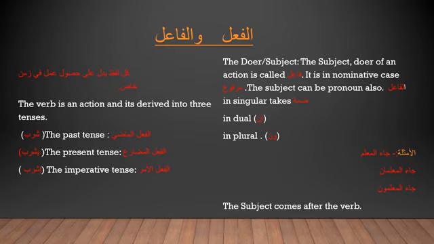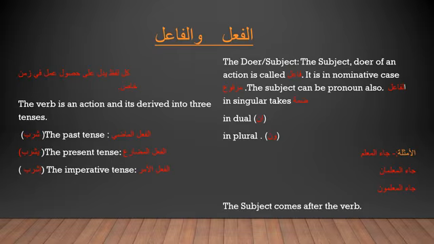Al-fa'il in singular takes damma. The subject in singular will have damma. Through the example you can understand: ja'a al-mu'allimu, mu'allimu. Understood? Damma. In dual, alif and noon will be there: ja'a al-mu'allimani.